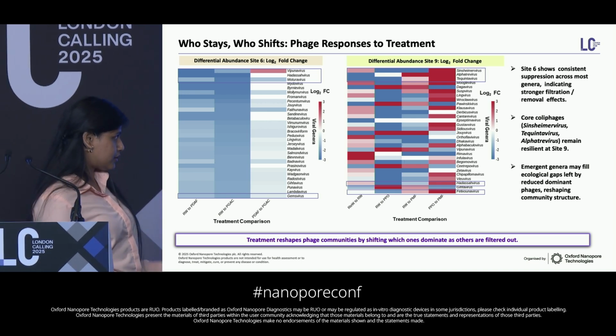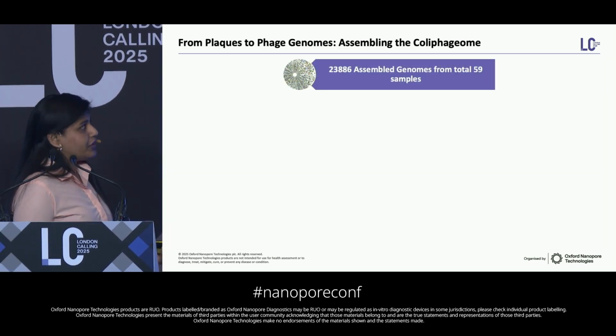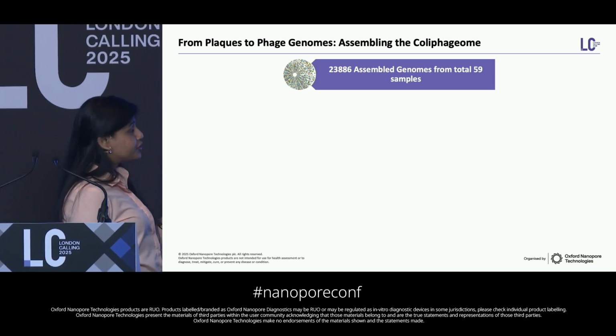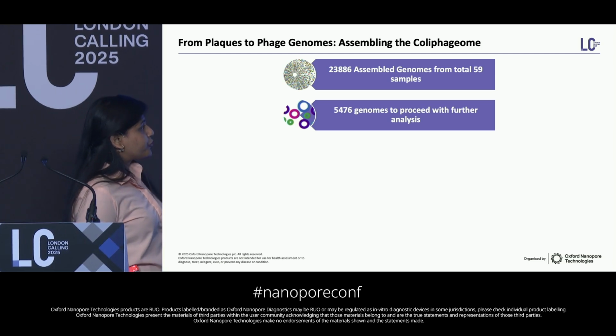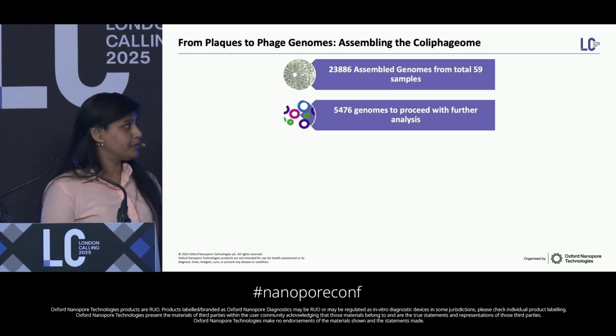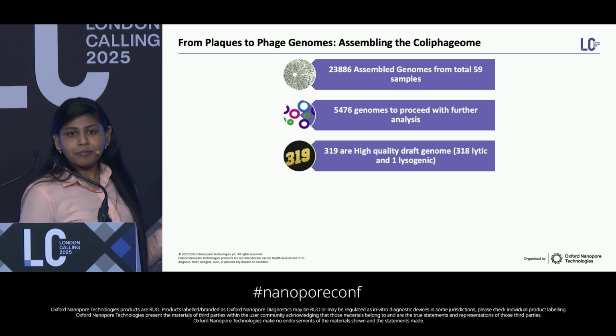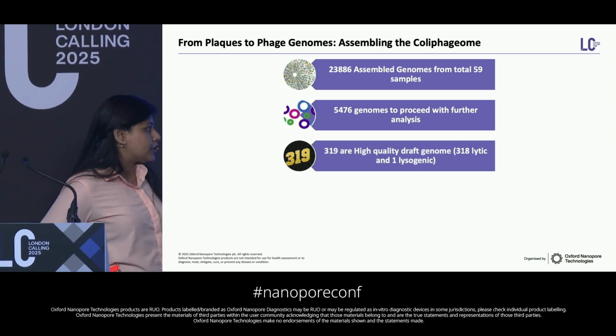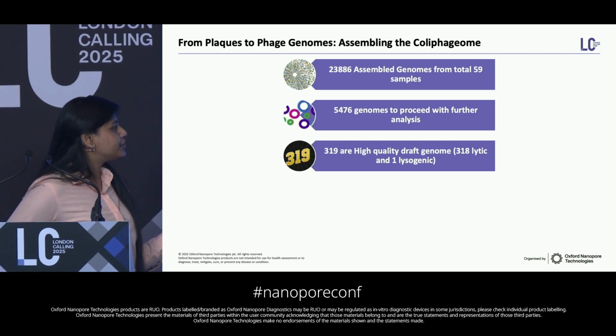And on the basis of this information, what we got was nearly 24,000 assembled genomes from 59 different samples. Of this, 5,000 genomes were used further because those were complete circular genomes which we got out of the single plaque. Then 319 were high quality draft genomes.